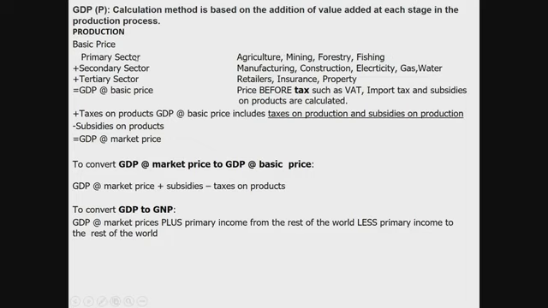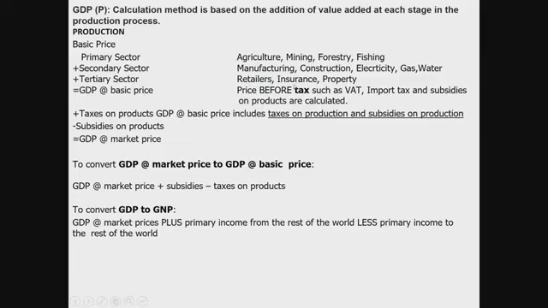So you look at the primary sector, then we add the secondary sector, and the industries we find within the secondary sector are things such as manufacturing, construction, electricity, gas, water. And then also the tertiary sector, which is made up of our retailers, insurance, property, etc. Right? So all our services form part of the tertiary sector. Things such as education, health, all of those things would be part of the tertiary sector. And then these three totals added together will give us our GDP at basic price.